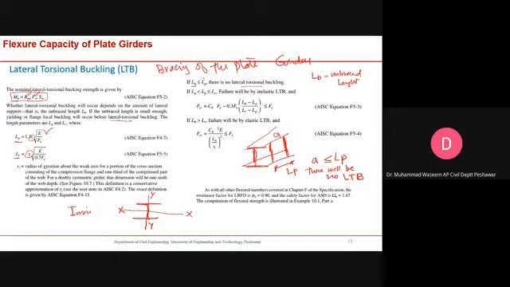If Lb is between Lp and Lr, failure will occur by inelastic LTB, okay? And in this case, if you calculate this Fcr by this equation, you need Cb as well, okay?